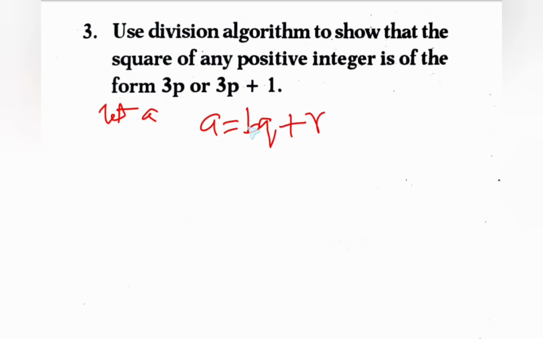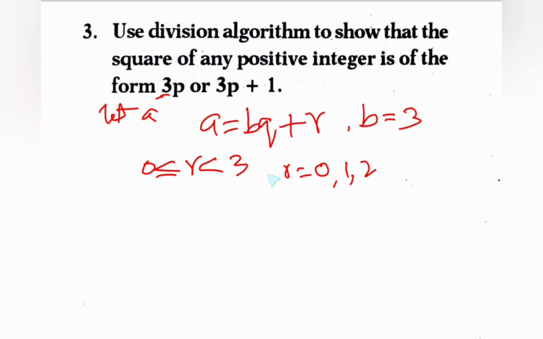Now consider that b equal to 3. Then r lies between 0 less than or equal to r less than b, that means 3. Then the remainder values will be 0, 1, 2, because less than 3 means 0, 1, 2.